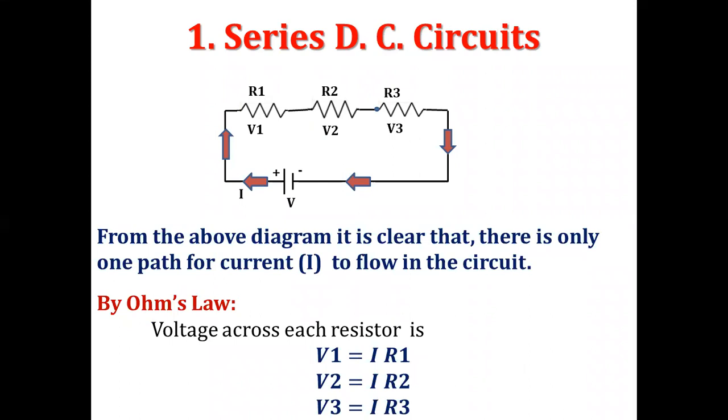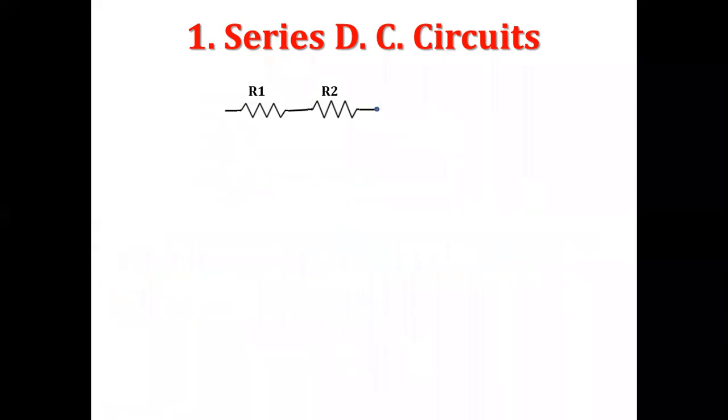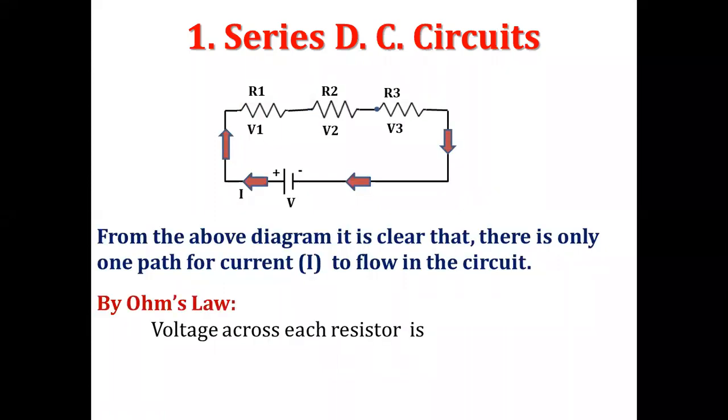Okay. Take the diagram. Already I think you have taken the diagram also. Once you have taken the diagram, you do not need to take it again. Directly write down from the above diagram.